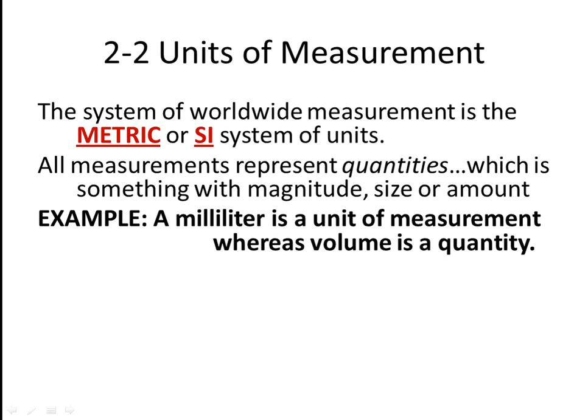There's lots of other things that make things complicated in the English system. For example, weight is pounds or ounces. And so if you said something was 4 ounces, well, in weight, that's how much it weighs.